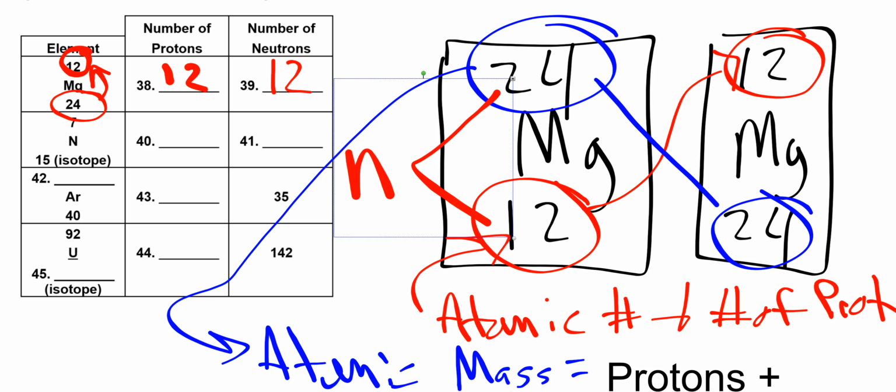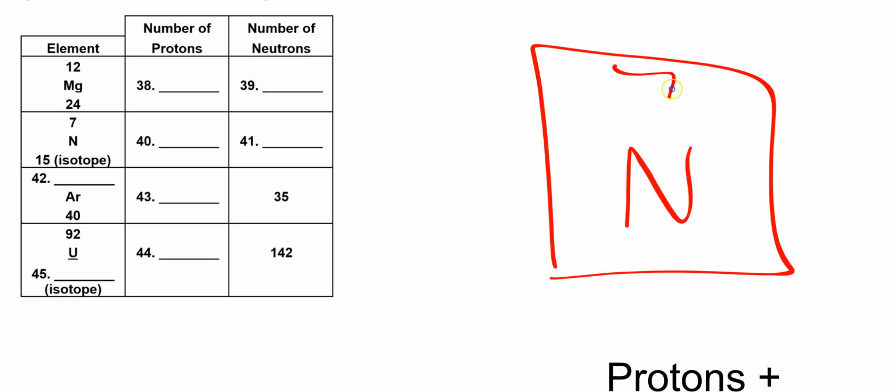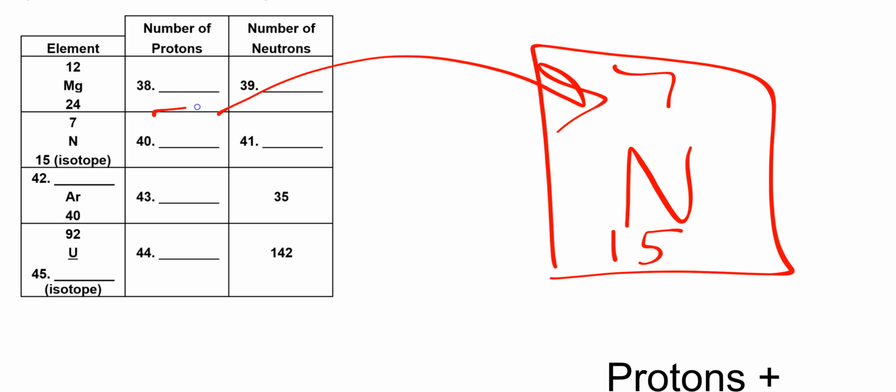All right, so nitrogen here, I'm going to clear out a lot of this stuff. So nitrogen, we have N, 7, and 15. Protons, remember, comes from the small number, so that's a 7. Then the neutrons come from the difference between the two values.